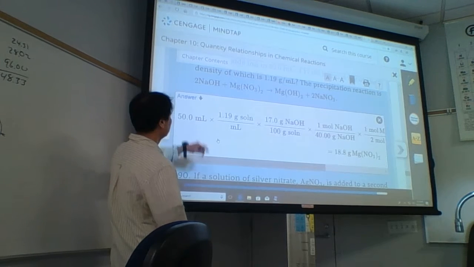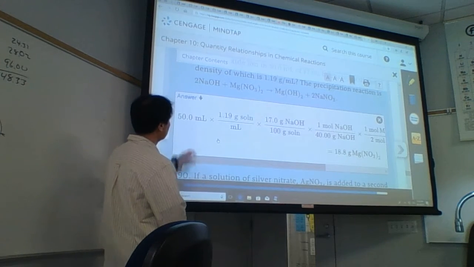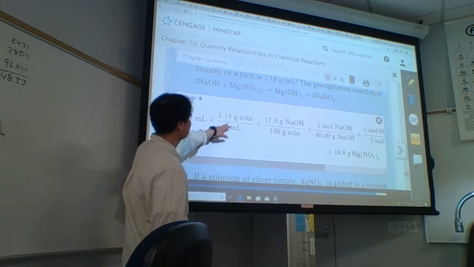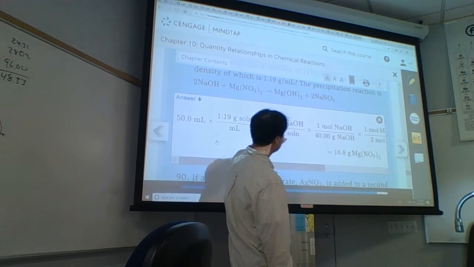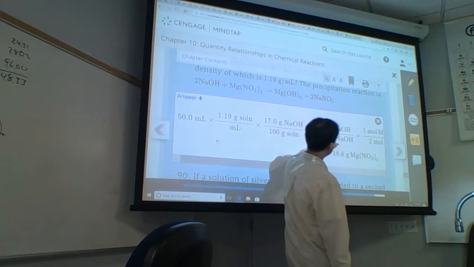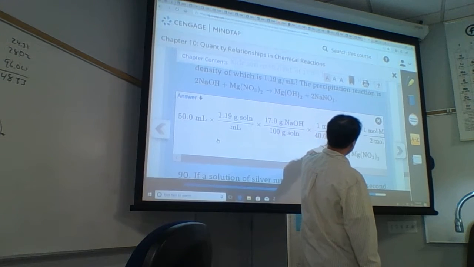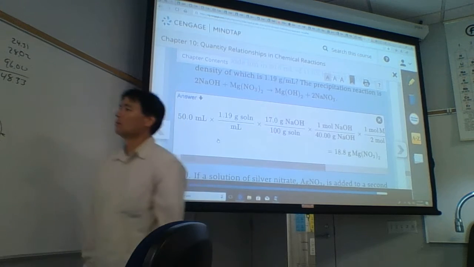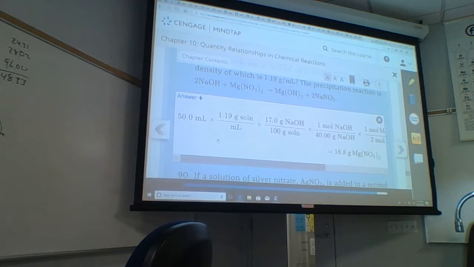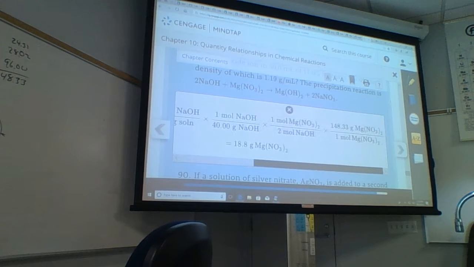They went from milliliters of solution to grams of solution, to grams of pure sodium hydroxide, to moles of pure sodium hydroxide, to moles of magnesium nitrate, and then finally to grams of magnesium nitrate.